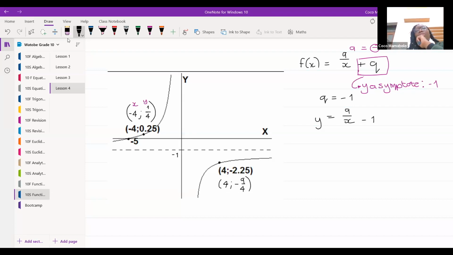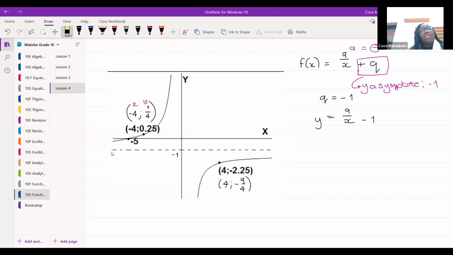So it became 0 is equal to a over -4 minus 1. Ooh, okay. Now there's the problem. We can't say 0 anymore, because at the point where x is -4, you have to then use 0.25. But have a look here, Namisile, it's not completely lost.